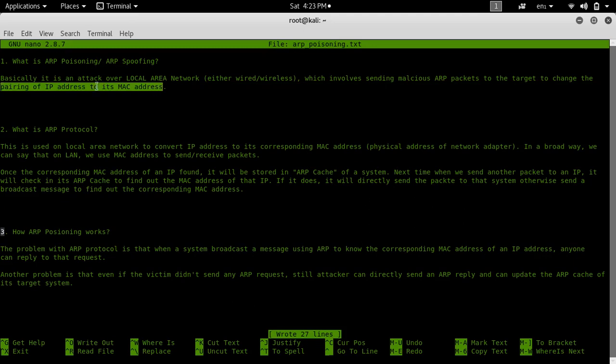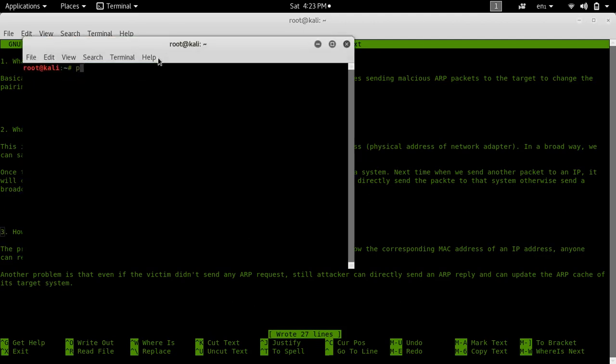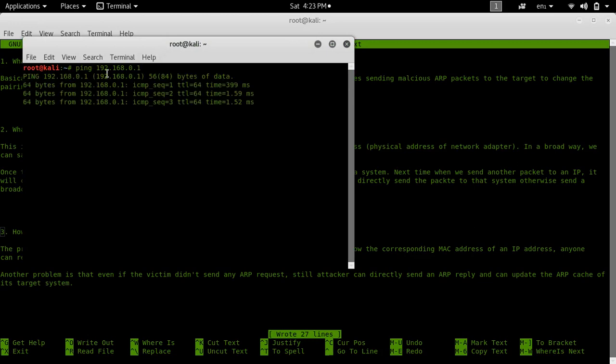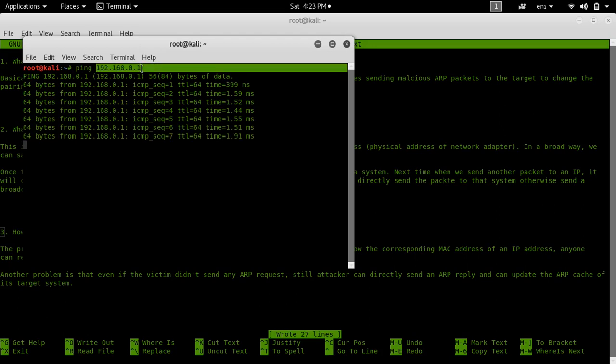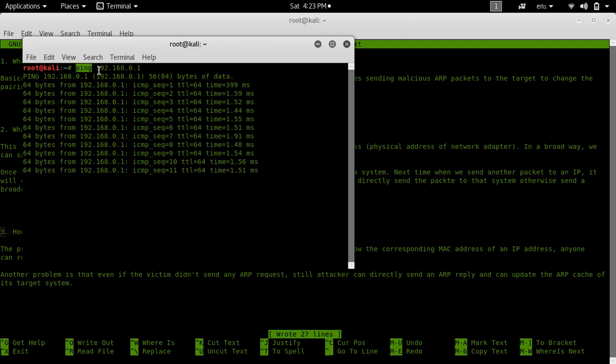To understand the term ARP poisoning completely, we should also know what the ARP protocol is. Suppose you are sending a packet to a target system. If it doesn't know the corresponding MAC address of this system, it won't be able to send any packets to that target system.